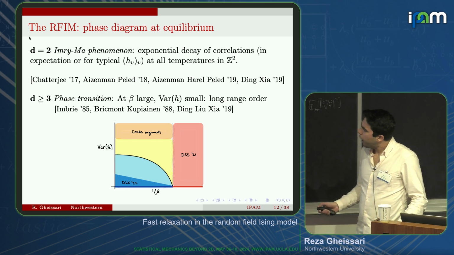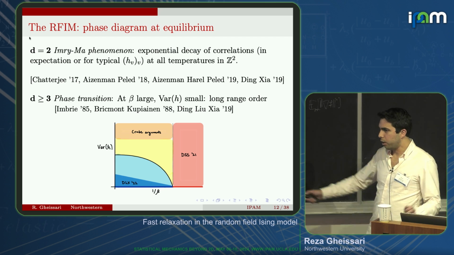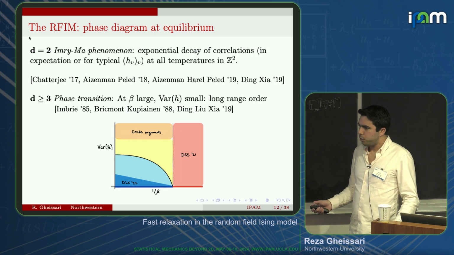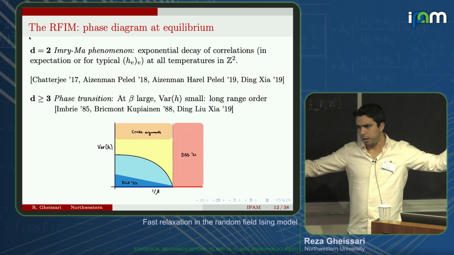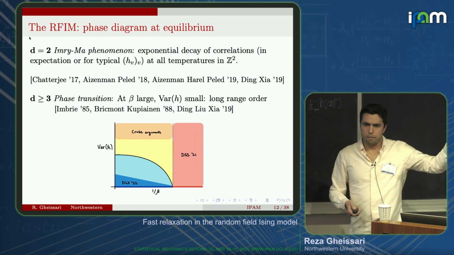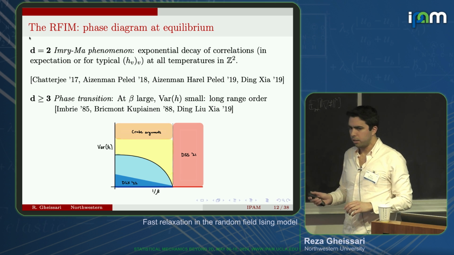Okay, so what we're going to be thinking about a lot, or where our results are most interesting, is this regime over here, where without the external field there is long-range order, but the introduction of the external field means that you have a decay of correlations in general or in expectation, even though there might be small regions that are low temperature like.